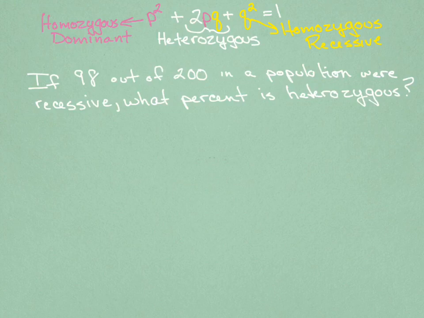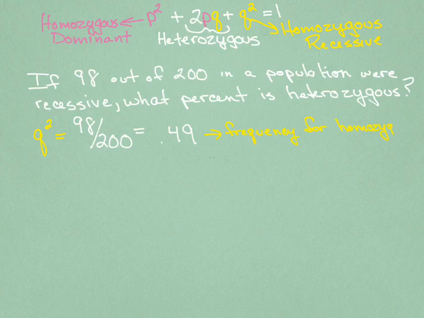So if 98 out of 200 are recessive, what does that mean? It means that our Q squared, because that's our homozygous recessive population, right, is 98 out of 200, or 0.49. So we have our Q squared already. Now what do we need? Because heterozygous is a P and a Q, not squared, right?